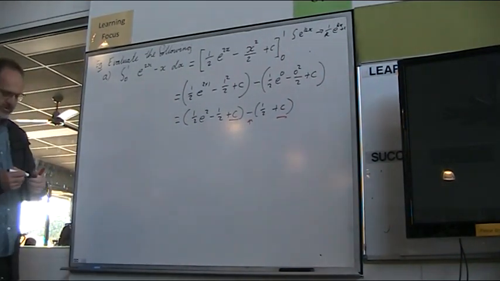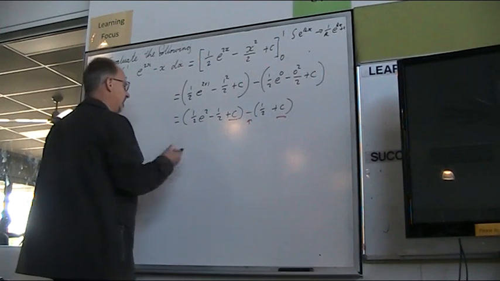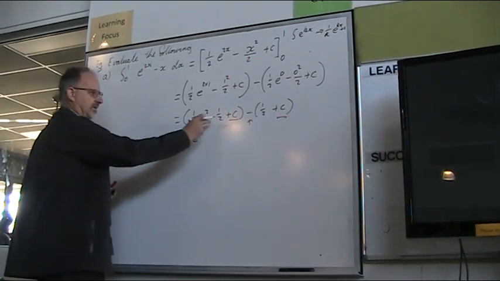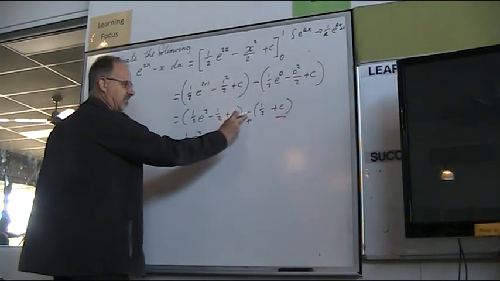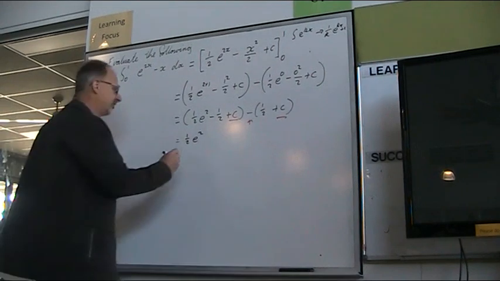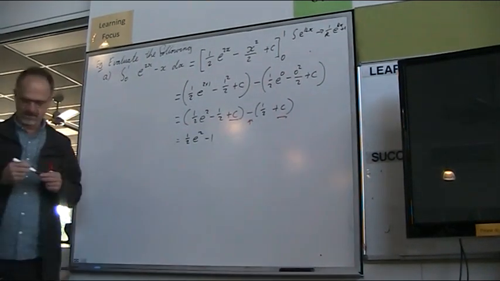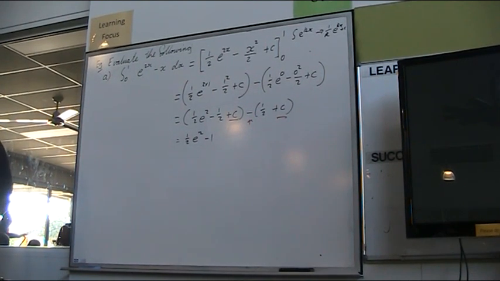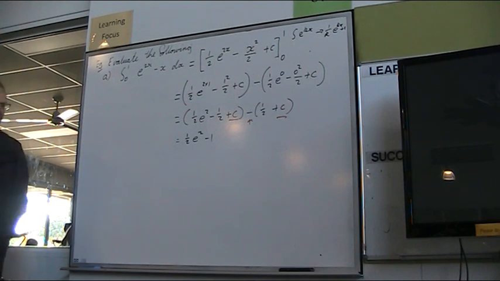All right, so then what have we got? We've got half e squared, minus a half here, and then minus another half, which is minus 1, I believe. So there is our value of our definite integral. So is that the area?